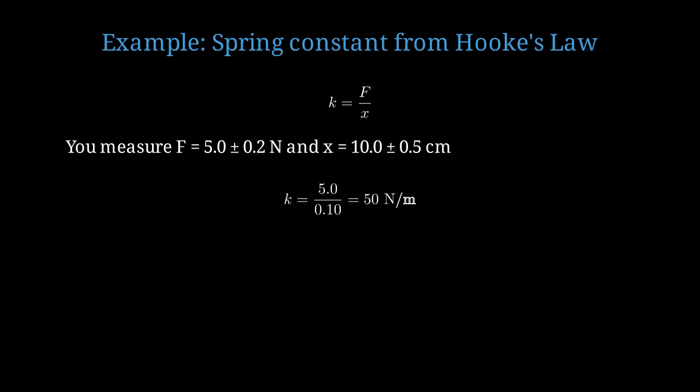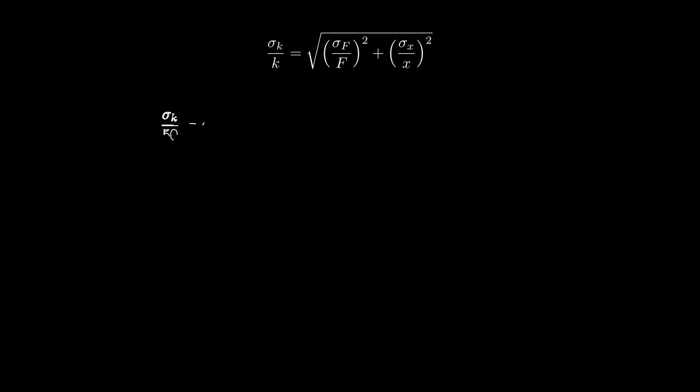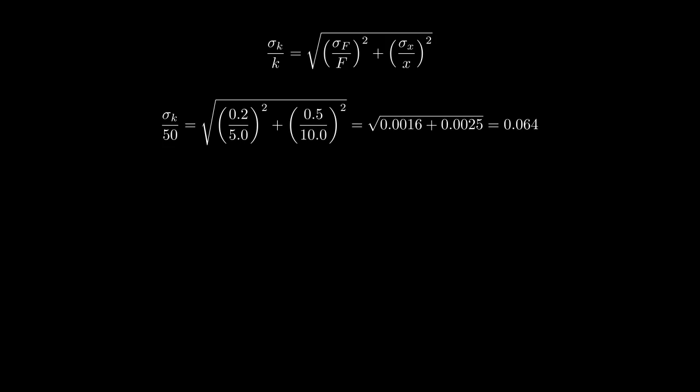First calculate k. 5 newtons divided by 0.1 meters gives 50 newtons per meter. For division, the fractional uncertainty in k equals the square root of the sum of squared fractional uncertainties in F and x. Plug in the numbers. (0.2 over 5) squared plus (0.5 over 10) squared.